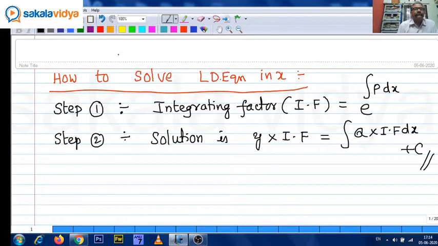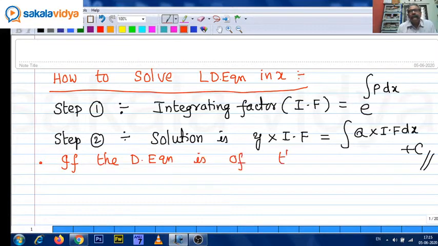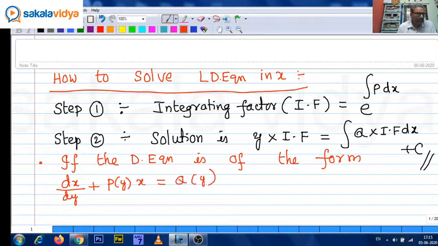So next point. If the differential equation is of the form dx by dy plus p of y into x equal to q of y, it is called a linear differential equation in y.